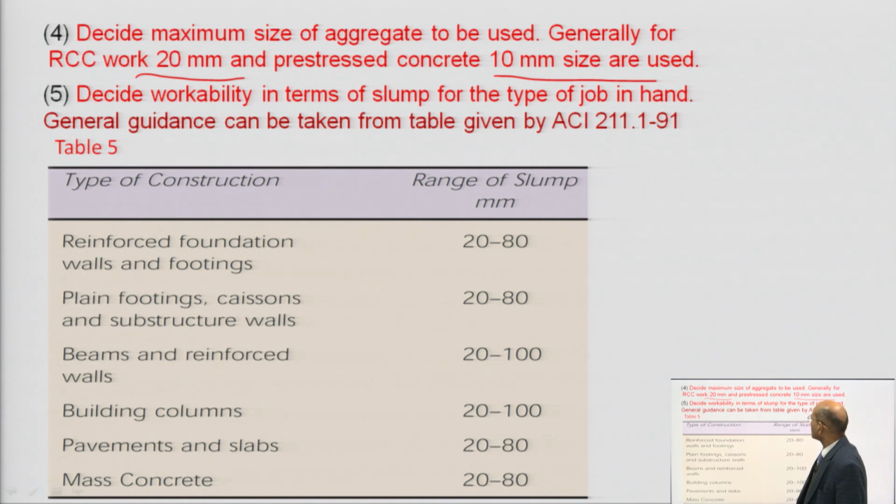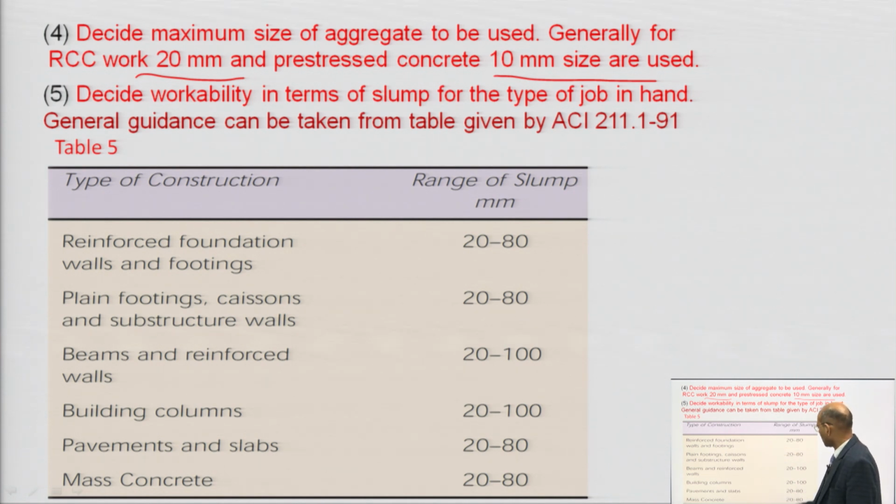Once you know that, then decide workability in terms of slump for the type of job in hand. General guidelines have been given in the ACI code. If you see here, reinforced foundation walls and footings 20 to 80 mm, plain footings, caissons, substructure walls 20 to 80 mm, beams and reinforced walls 20 to 100 mm.